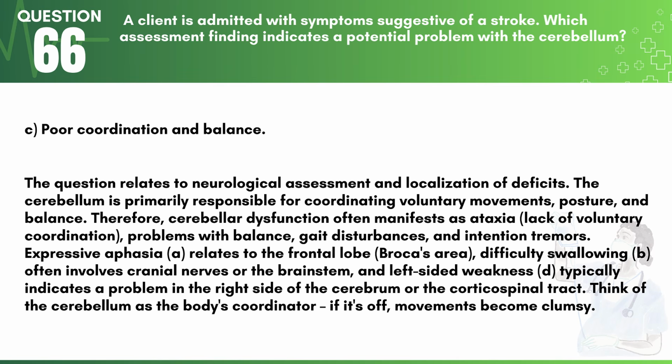Expressive aphasia, A, relates to the frontal lobe, Broca's area. Difficulty swallowing, B, often involves cranial nerves or the brainstem, and left-sided weakness, D, typically indicates a problem in the right side of the cerebrum or the corticospinal tract. Think of the cerebellum as the body's coordinator. If it's off, movements become clumsy.